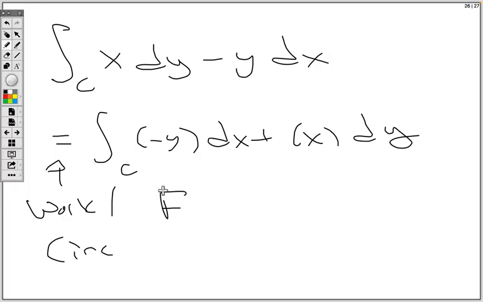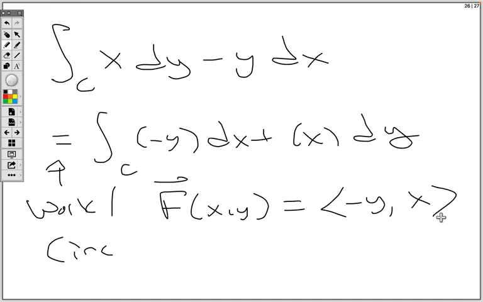And so I'd be looking at the work or circulation of the field minus y, x. So that's if I wanted to think about this integral as a work integral. This would be the work or circulation of this field along that parabolic arc.